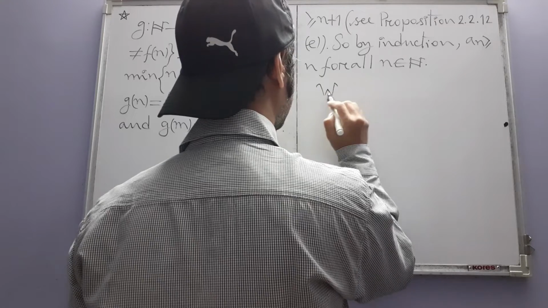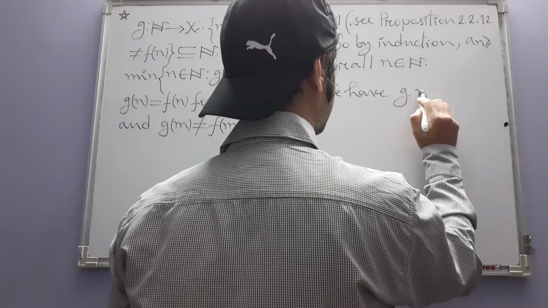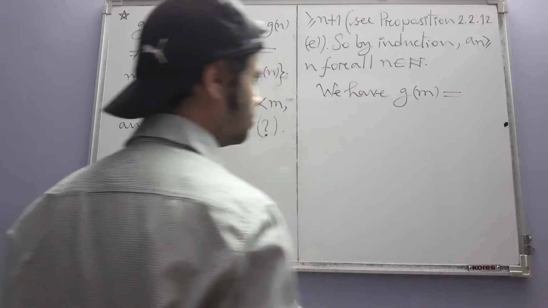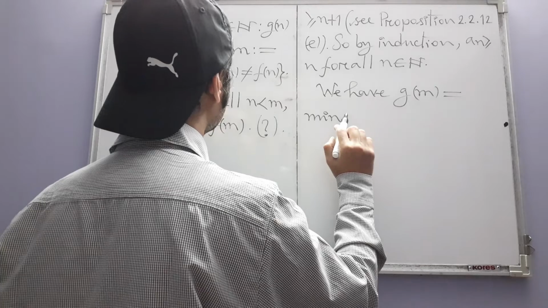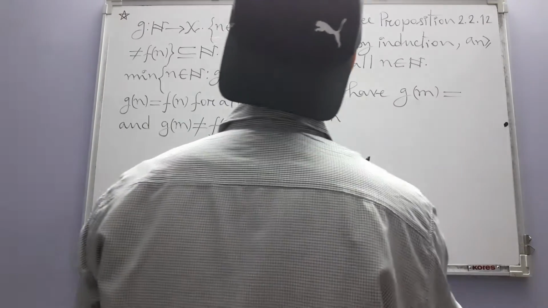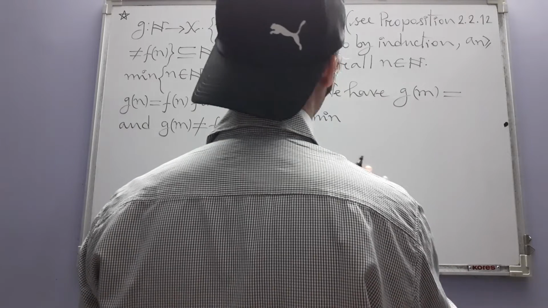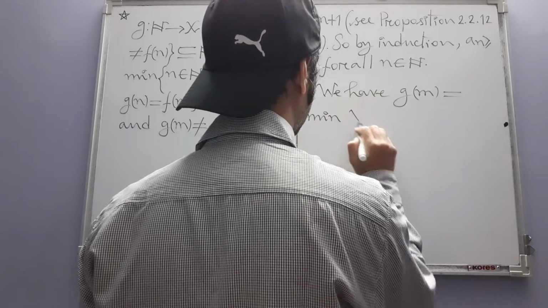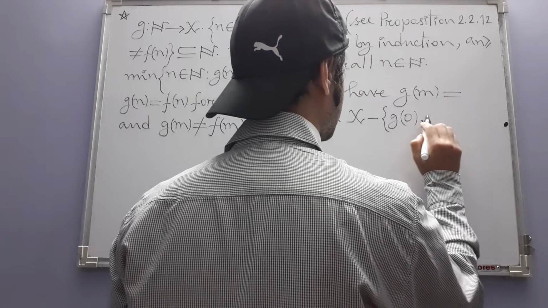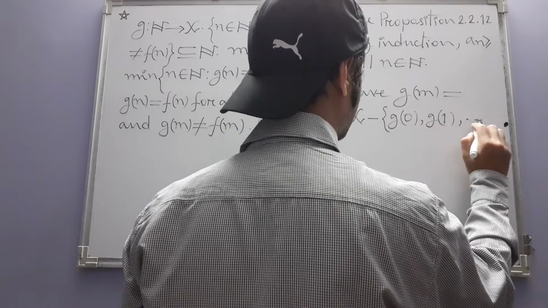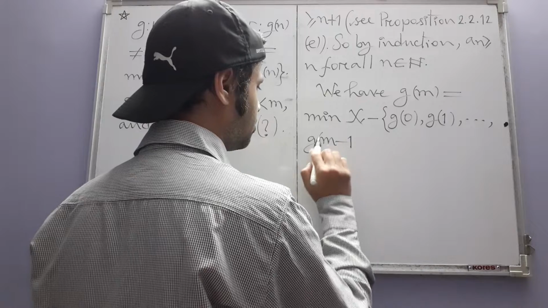We have g of m equal to the minimum of x, because we are after all having g of m in x, okay, x minus g of 0, g of 1, g of m minus 1.